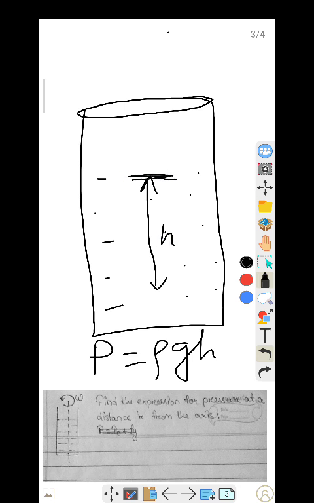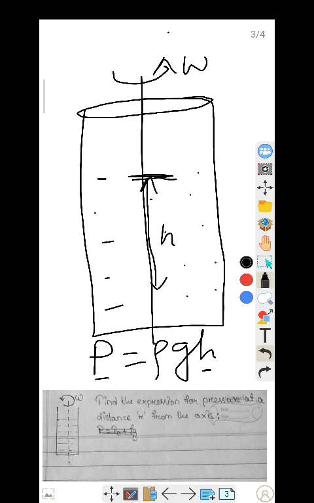Top, not from the bottom. So the pressure depends on depth. How is it going to change while we are rotating this cylinder with an angular velocity omega?